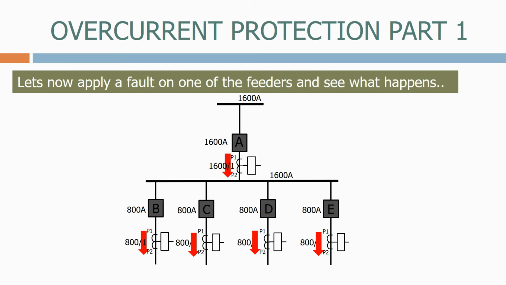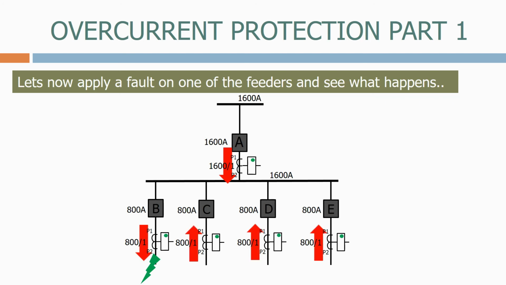Let's now apply a fault on one of the feeders and see what happens. As you would expect, the current increases on the main incomer as the source starts feeding the fault. As most systems are fully interconnected, you will also get some current feeding back through the feeders.